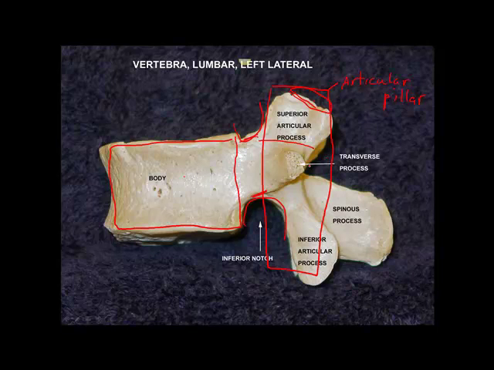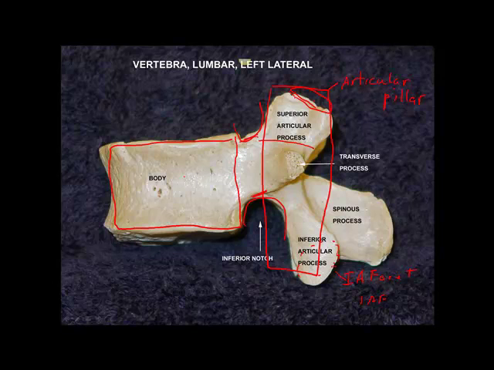Okay? On the articular pillar, you have a superior articulating process. A process is something that grows outward. And here's the inferior articular process. And back here on the underside will be the inferior articulating facet, or IAF.